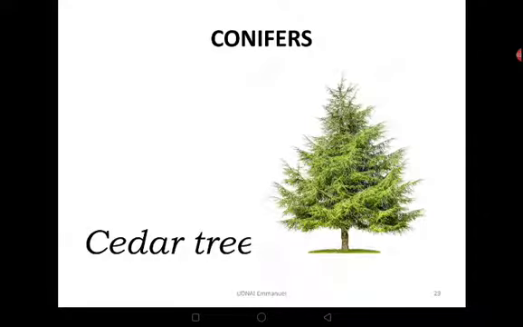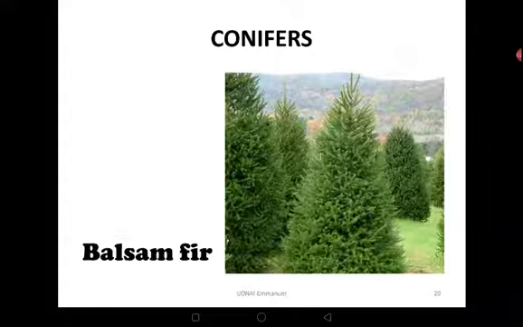We have seen the cedar tree. If you are given to draw a 2D diagram of that tree, it looks like a cone. It's pointed upwards. So all these members look like that. We have the balsam fir. This one is sometimes used as a Christmas tree.